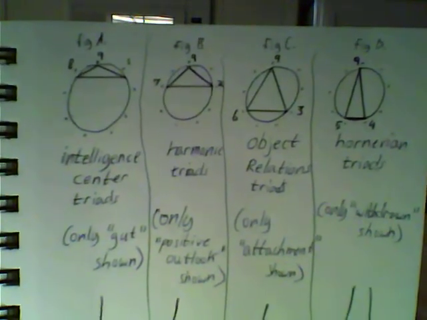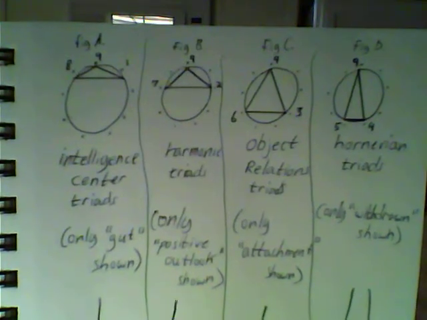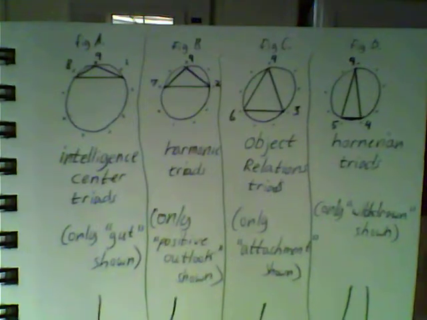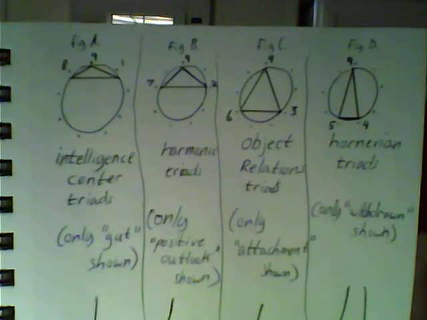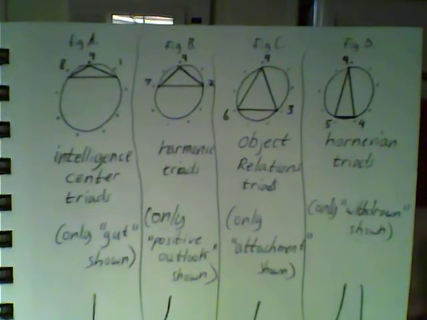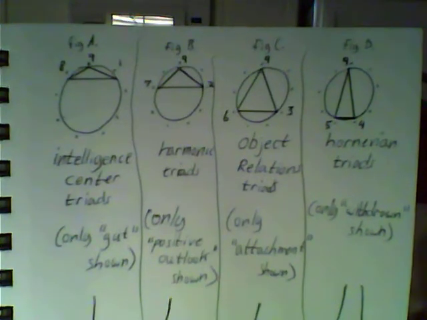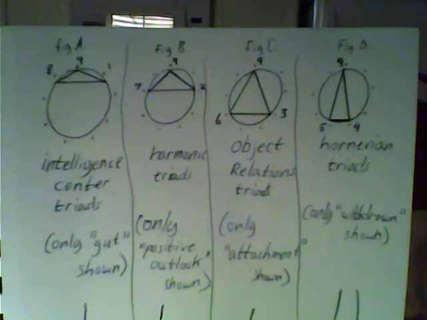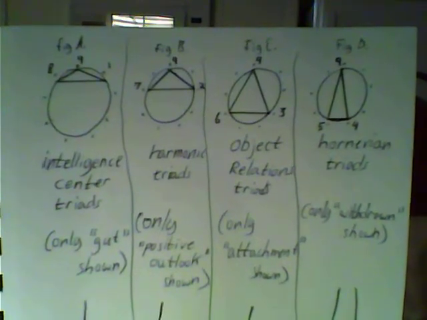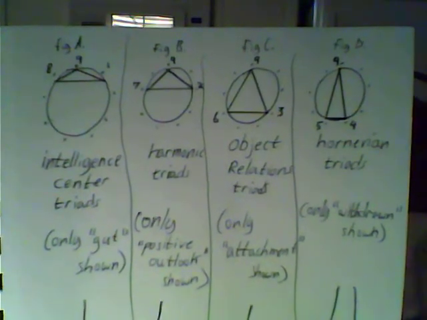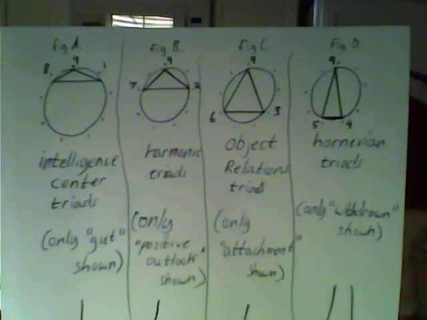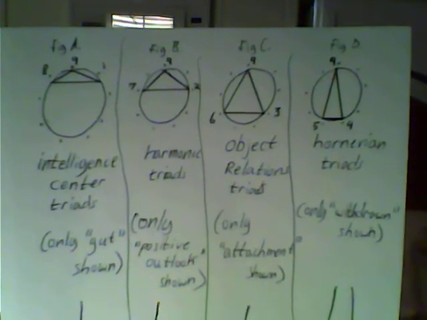So figure A, you've got an example of an intelligence-centered triad, the gut triad, 9, 1, and 8. Figure B, an example of a harmonic triad, the positive outlook triad, 9, 2, and 7. Figure C, you've got an object relations triad, the attachment triad, types 9, 3, and 6.